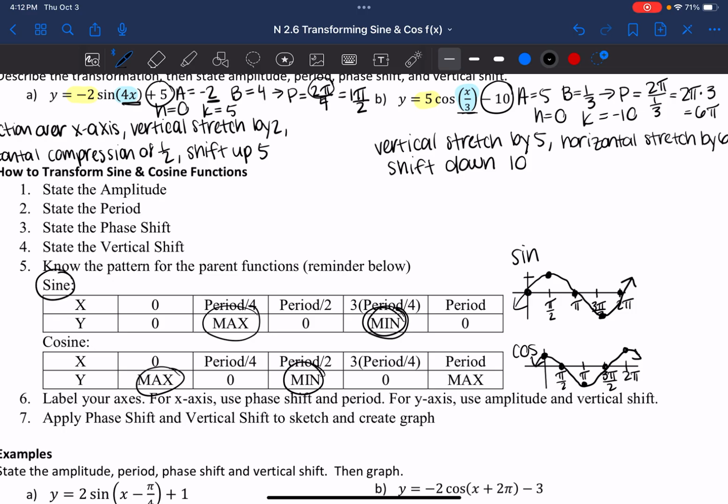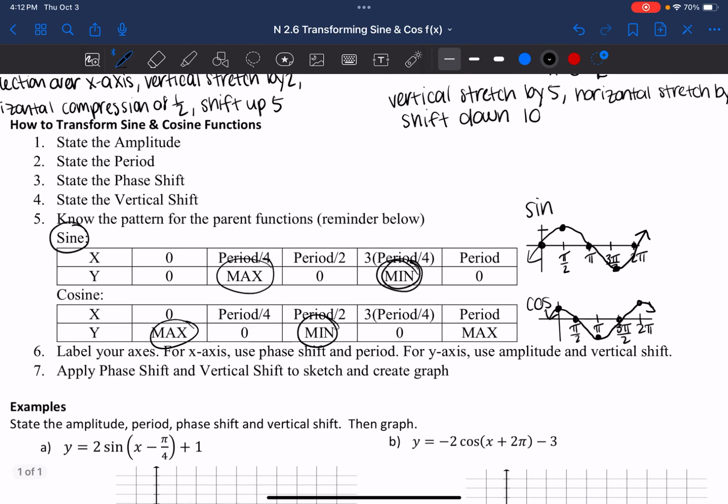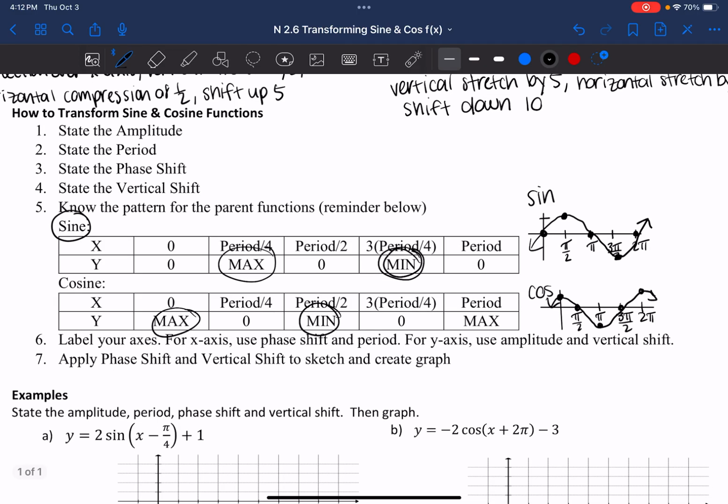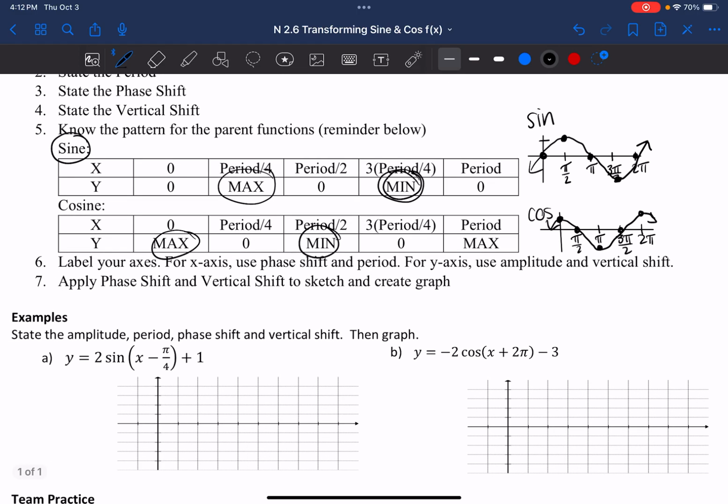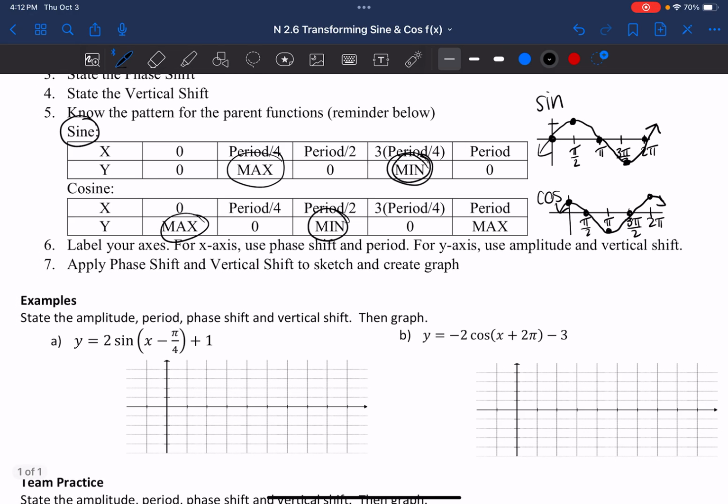So when I make changes to my graph, I'm making changes to these points. It says we will want to label our axes so that we can use appropriate measurements for the shift and the period, and to look at your amplitude and your vertical shift to determine the height or the increments in which you want your y-axis to increase.